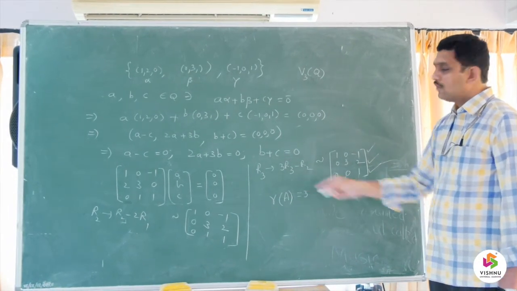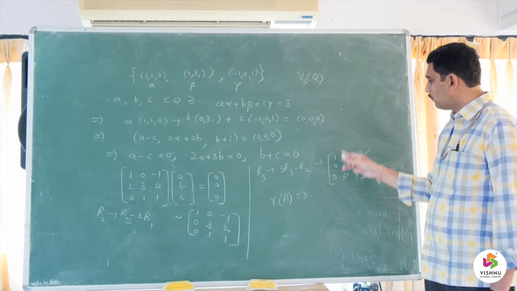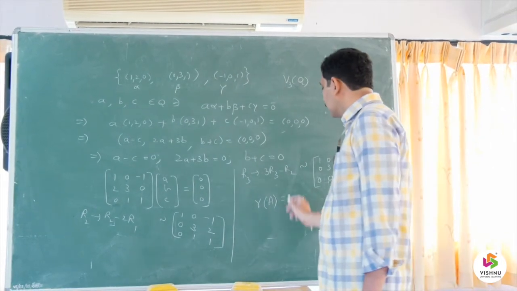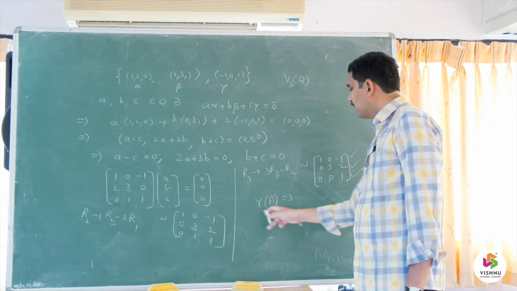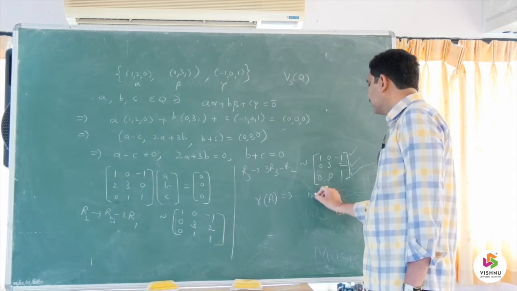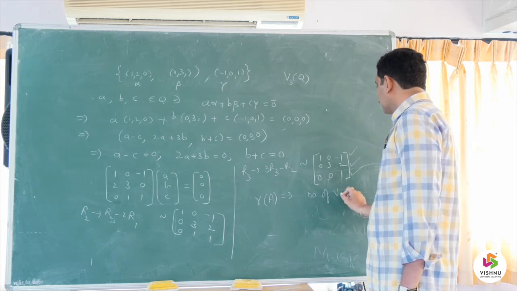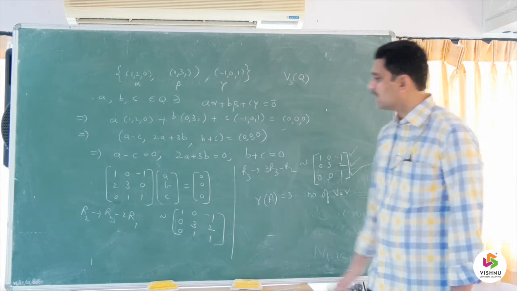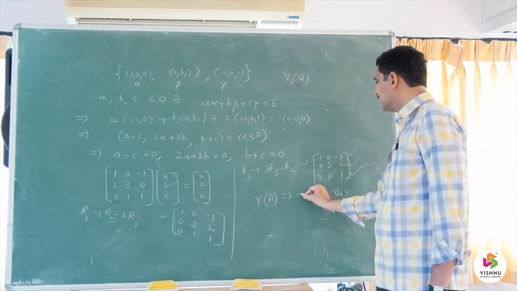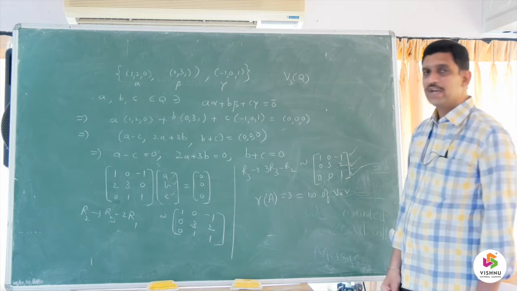So the rank of the matrix is the number of non-zero rows, so it is 3 here. Whenever you calculate the rank of the matrix, we compare it with the number of variables. How many variables are there? 3 variables, A, B, C. So the rank is equal to the number of variables.